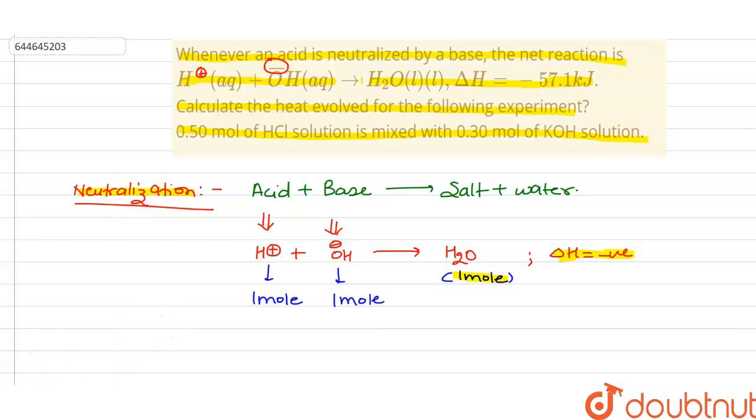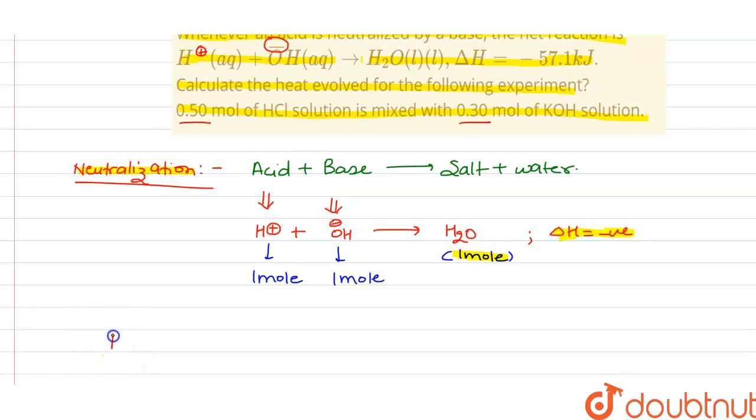Now if we move towards the question, then it has been given that 0.50 mole of HCl and 0.30 mole of KOH. So we know that 1 mole of HCl on dissociation gives 1 mole of H plus ion. So by unitary method, we can easily say that 0.50 mole of HCl on dissociation gives 0.50 mole of H plus ion.